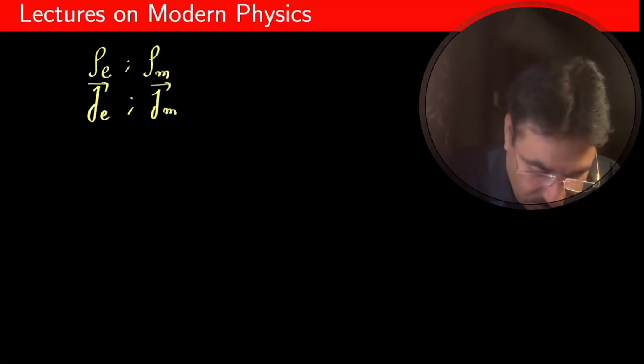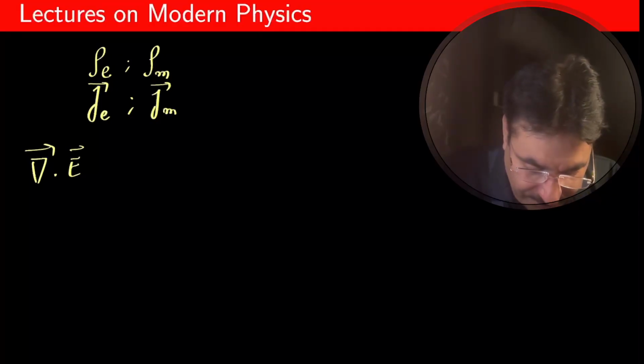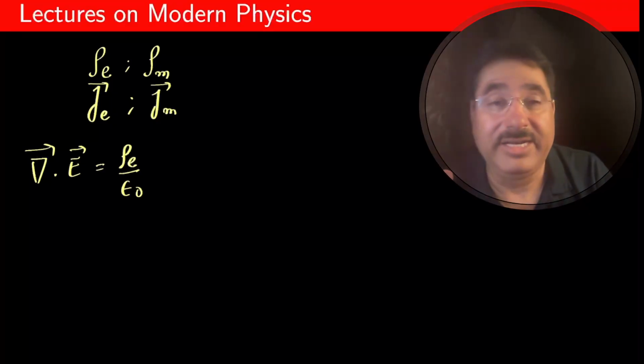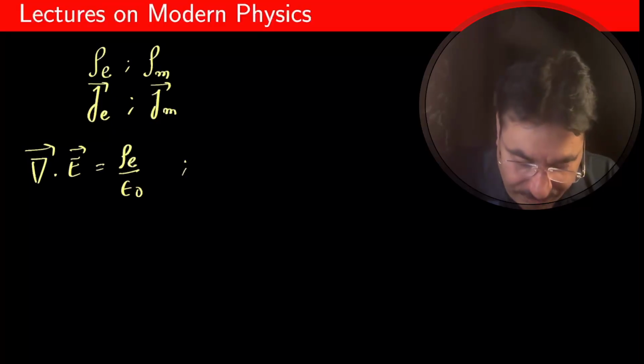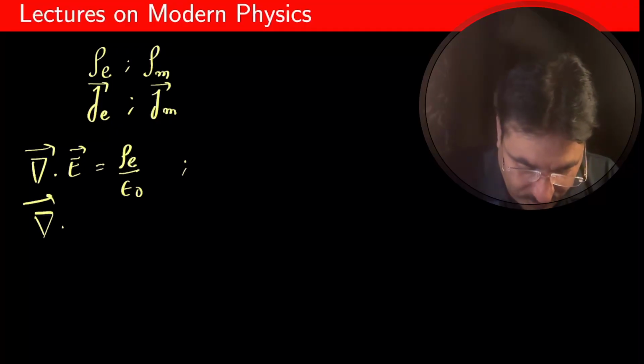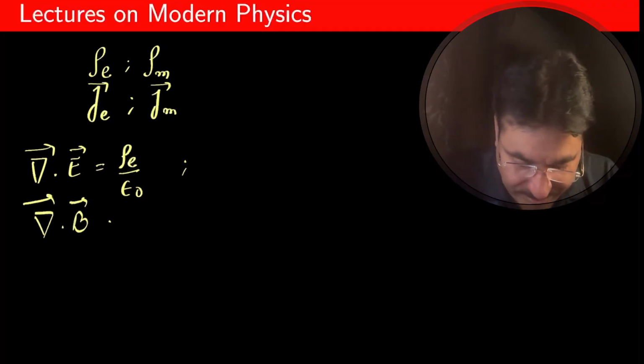Let us rewrite Maxwell's equations. So what is our first equation? It is divergence of electric field is rho electric by epsilon naught, because now I will make a distinction between the electric charge density and magnetic charge density. And now you first write down this second equation. What would be the divergence of magnetic field?